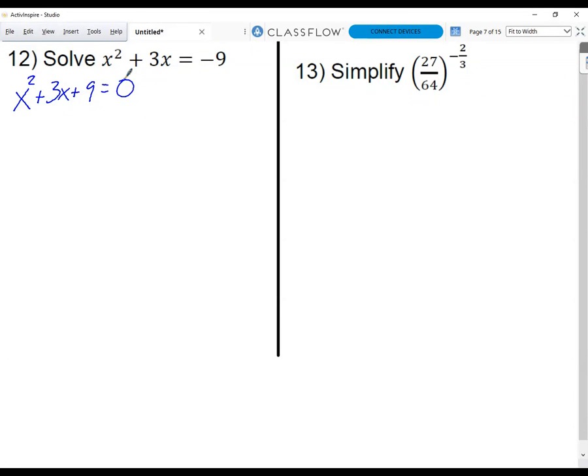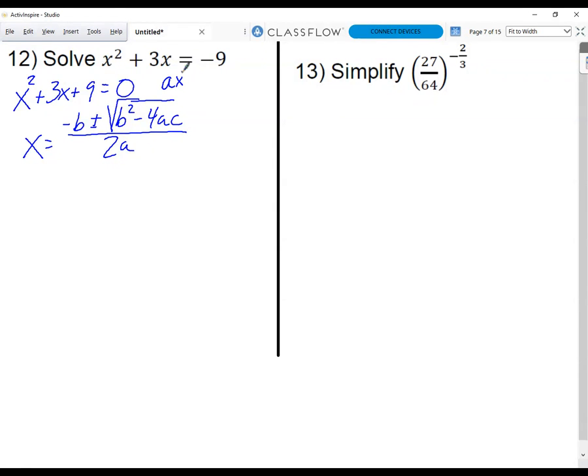Because it doesn't factor, you want to use the quadratic formula. x equals negative b plus or minus the square root of b squared minus 4ac all over 2a. And remember, the variables here are going to be your coefficients in front of each variable.